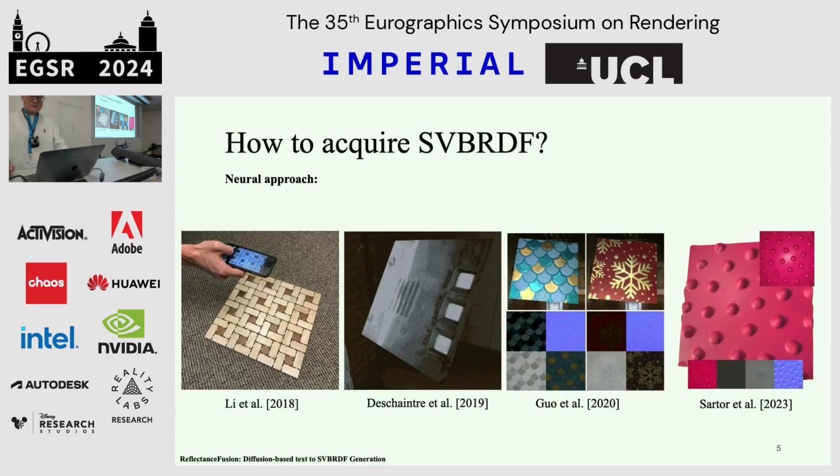This can result in a mismatch between the predicted and the actual material properties. Furthermore, there is uncertainty in an SVBRDF generated by a neural network from one single image. A single material can be associated with multiple possible SVBRDFs.